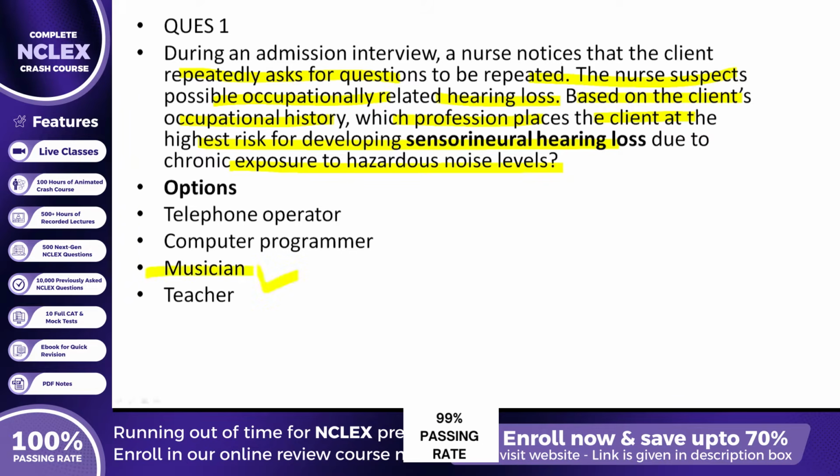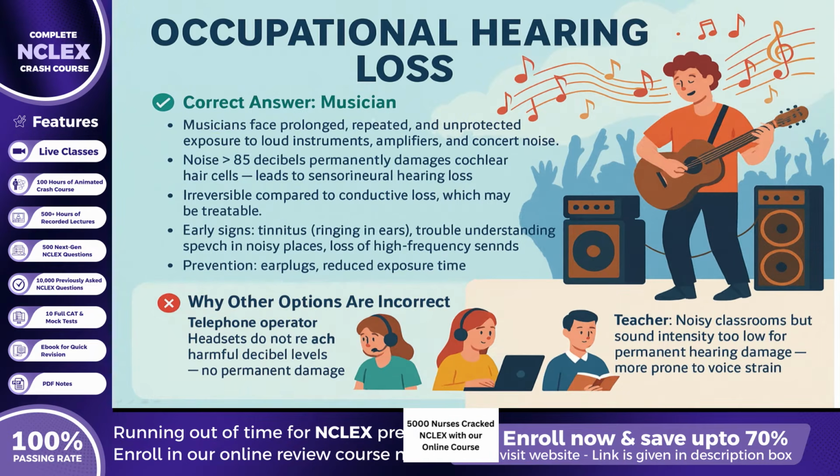The reason this option is correct is that musicians, particularly those who are exposed to prolonged, repeated, and unprotected exposure to loud instruments, amplifiers, and concert environments, are at high risk for noise-induced sensorineural hearing loss. This condition occurs when hair cells within the cochlea are permanently damaged by noise levels greater than 85 decibels.